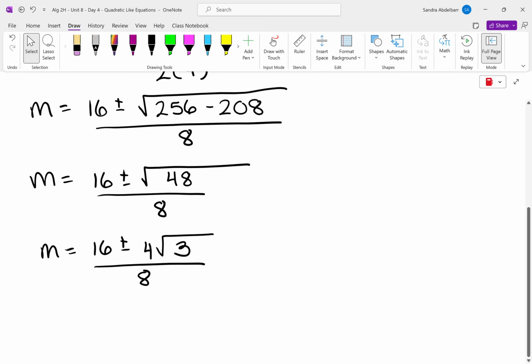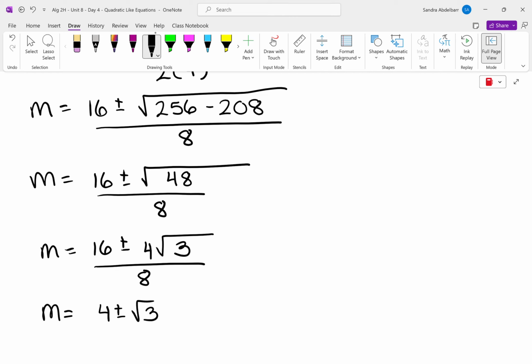I'm almost done simplifying this because now I can pull out a 4 in the numerator. When I pull out a 4, I end up with 4 plus or minus root 3. And then when that 4 that I pulled out divides with that 8, I get a 2 in the denominator.